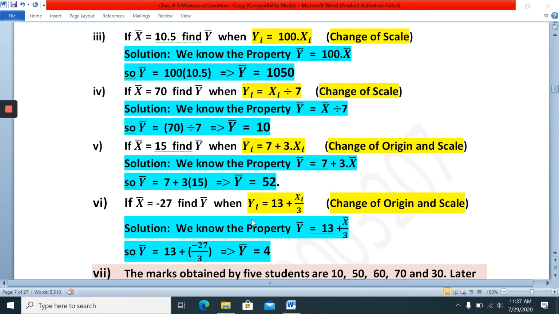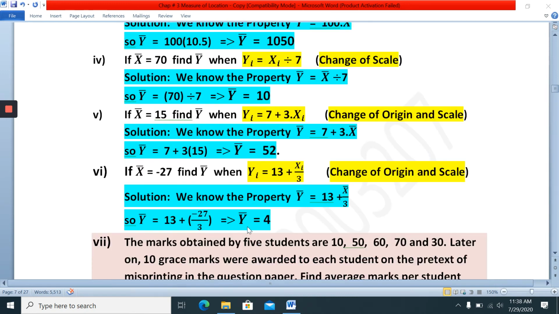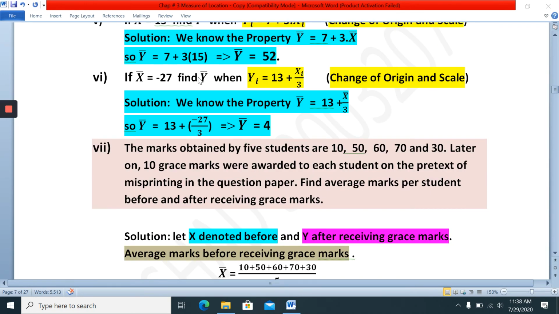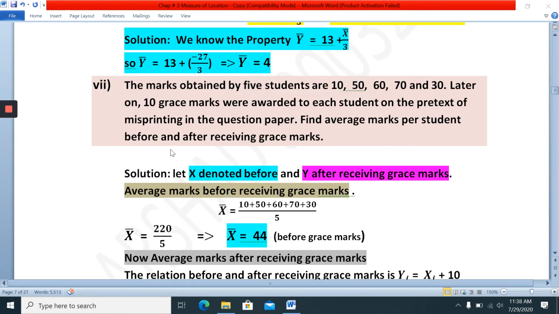We know the property. Y bar is equal to 13 plus x bar divided by 3. Now just replace the value of x bar. So 13 plus, inside, the x bar answer which is negative 27, divided by 3, this becomes negative 9. Negative 9 plus 13, y bar is equal to 4. So the y bar answer is 4. These are the MCQs and this one is the short question.